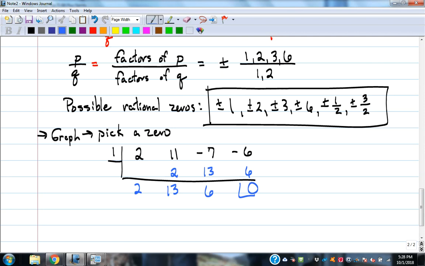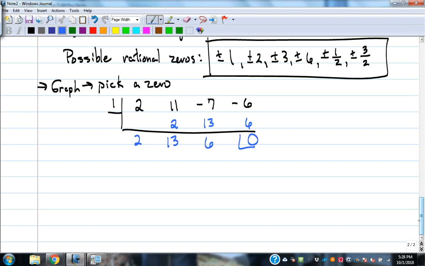Now, we know what's the factor that goes with positive 1 as a 0: x minus 1. Remember back in section 1 when we built those polynomials, if we knew a 0 was a positive 1, then the factor it goes with has the opposite sign, x minus 1. What does this turn into?